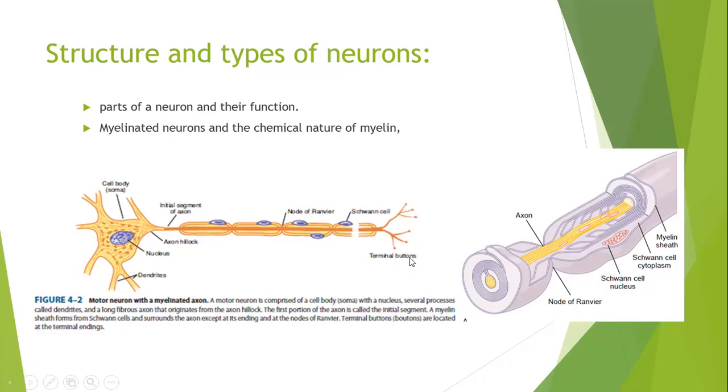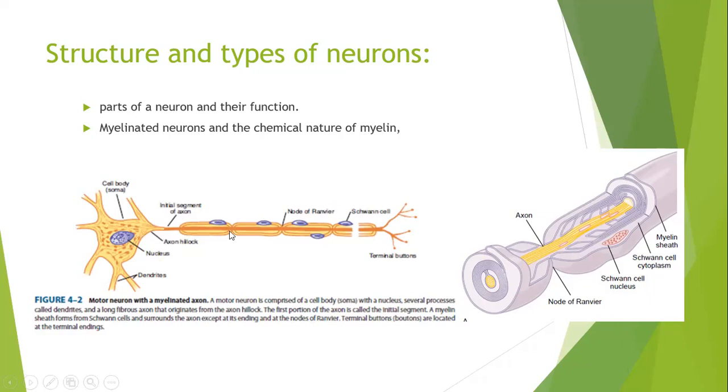In this case, they are talking of a button. In some cases, you will talk of a knob. But what happens is that this terminal portion will bulge up, and it bulges because of the presence of the neurotransmitter vesicles.